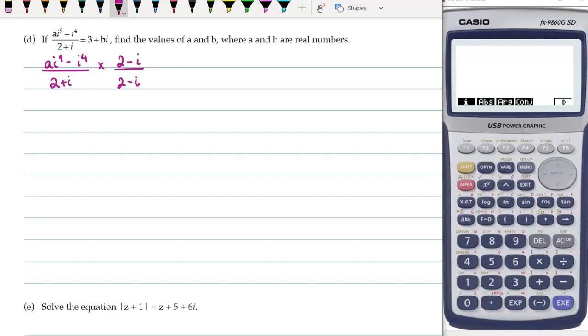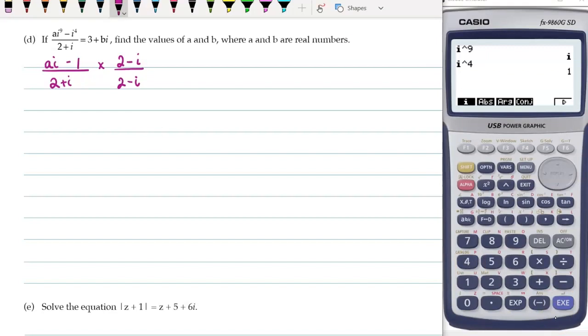Before I do that, let's just tidy up what's on the top of that fraction. So i to the power of 9 is going to be a positive i, so we can just do that as a times i. And then i to the power of 4 is 1, so we can replace this i to the 4 with a 1.